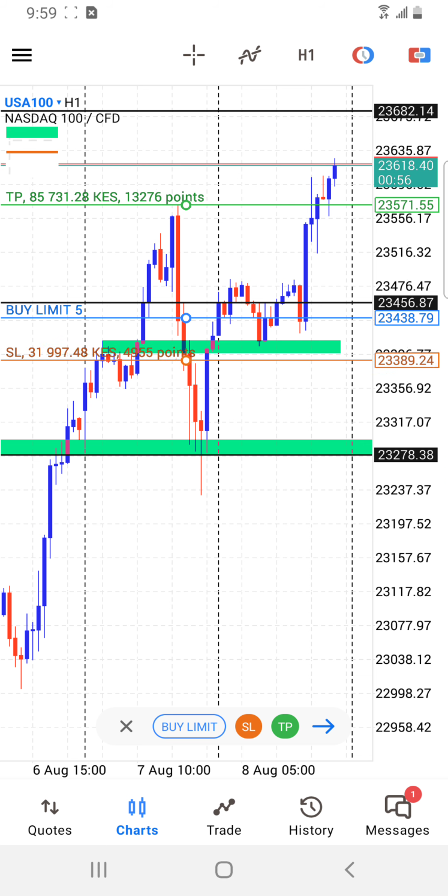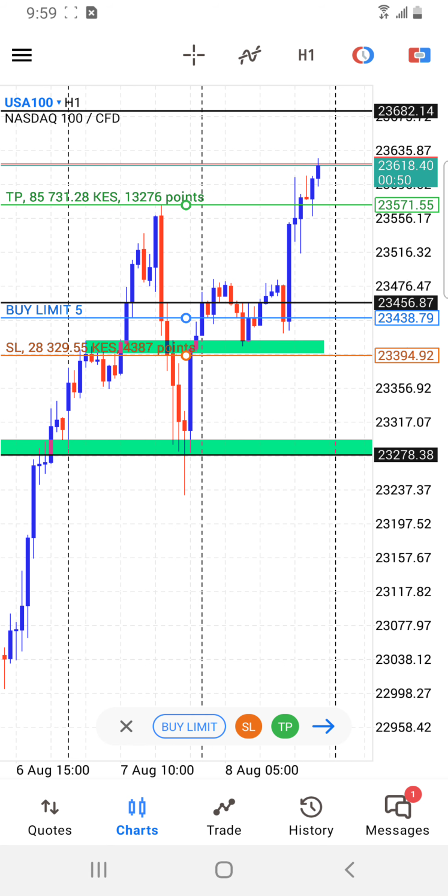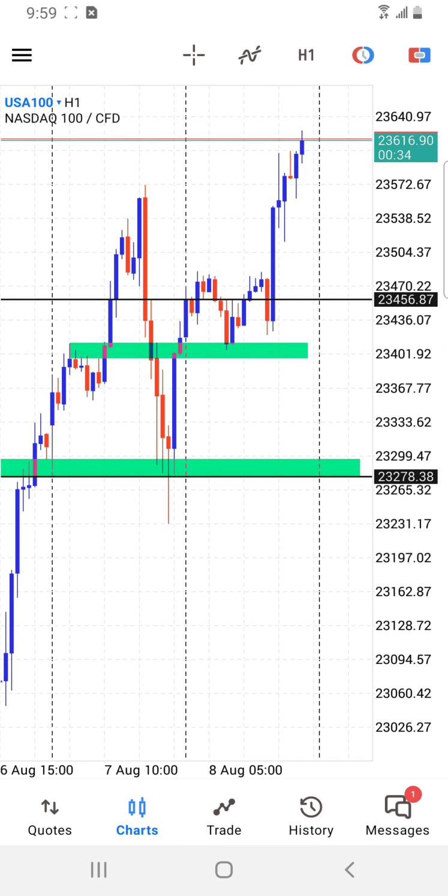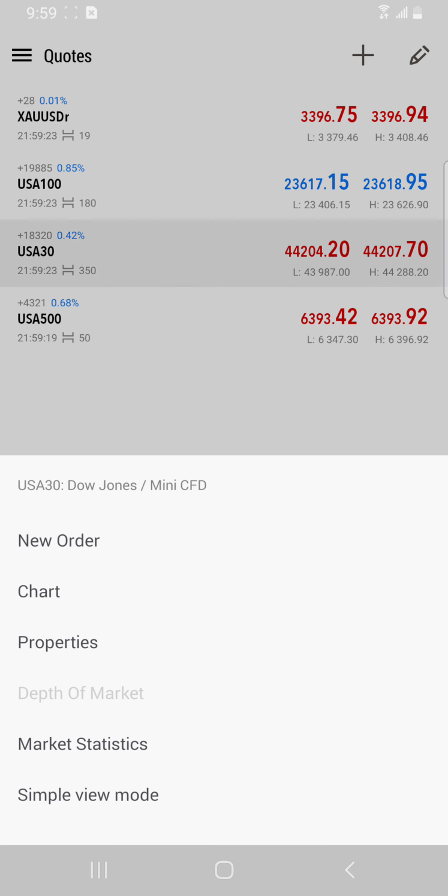But of course my stop loss level was slightly below the zone, so that one gave us that was how I was able to catch that, and it gave us a pretty good risk reward, that is almost 1:4. So that is how I was able to catch that on NAS 100.